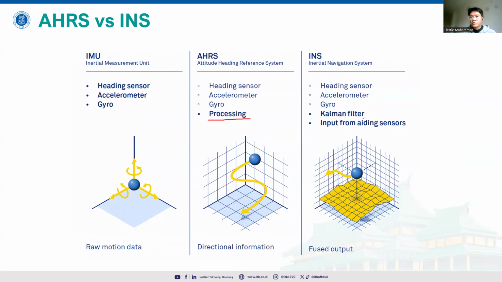And in the INS, we apply, for example, a filtering method to compute the movement of the vehicle, like a Kalman filter, complementary filter, Gaussian, or any other filtering, to estimate the position later on, and also the motions of the vehicle.